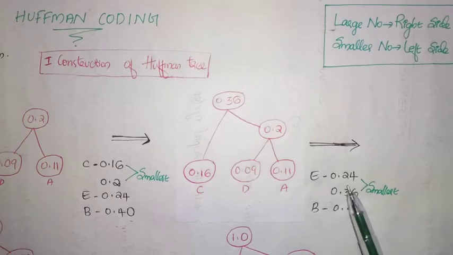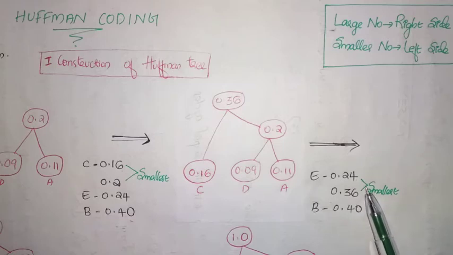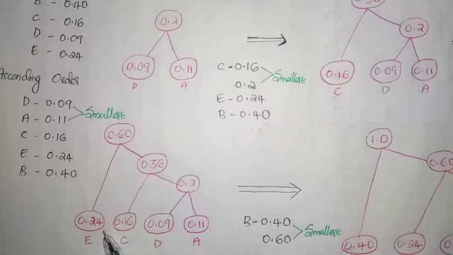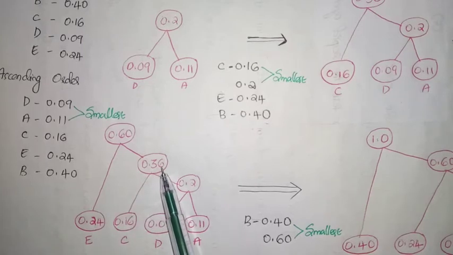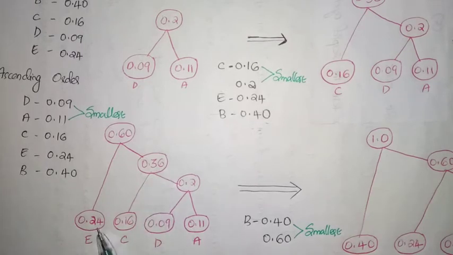Now again we can repeat this same procedure. Those having the smallest values will be added together. We know that 0.24 and 0.36 have the smallest values in this particular list. So both of these two will be added together in the next step. This is 0.24, the value of the letter E. Among 0.24 and 0.36, we know that 0.24 is the least element, so the smallest element will be placed on the left side, as a left node.